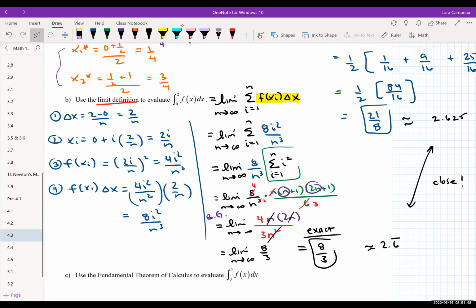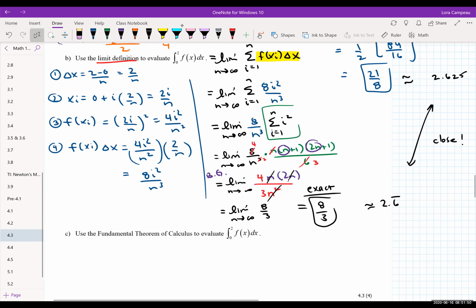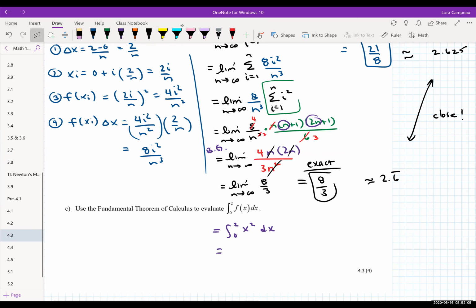And now, my friends, you get to see when we're actually doing this with the fundamental theorem of calculus, how fast and how powerful it really is. Remember, we're looking at the integral from 0 to 2 of x squared with respect to x. Well, if we take the antiderivative of the inside, that becomes x cubed over 3. And we evaluate at the endpoints from 0 to 2.